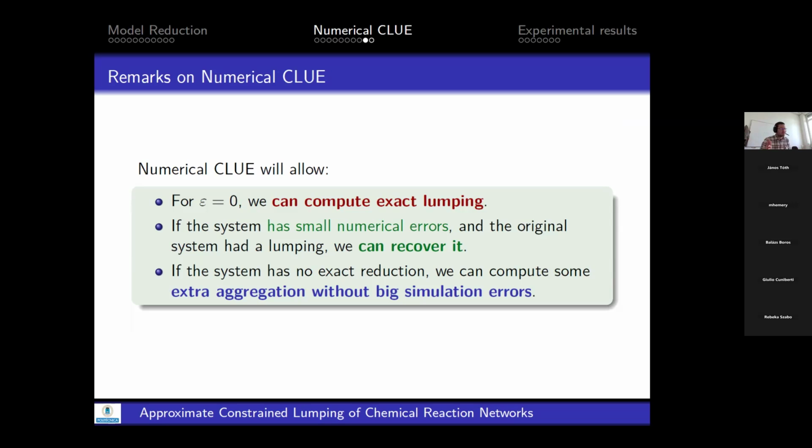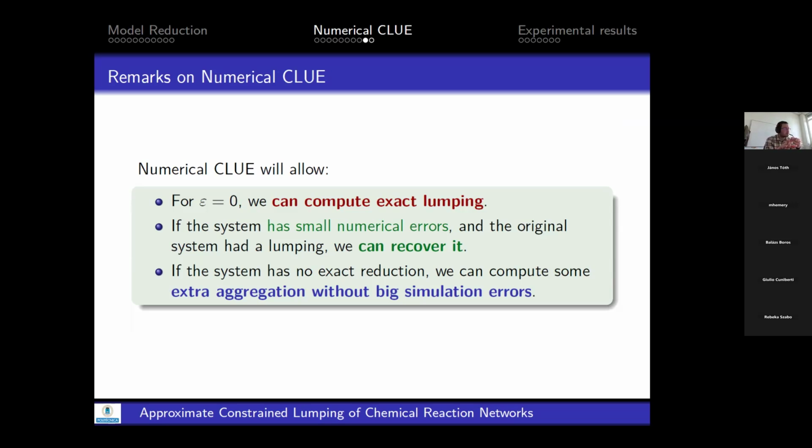And then if the system has no exact reduction, that could happen too. Or even if it has an exact reduction, you can reduce it further by increasing the epsilon. As I was saying before, if you keep increasing the distance that you allow in the numerical CLUE, then you will discard more vectors of the space, and at some point you will end up with a smaller space than you should. This, as I will show later, will lead to some simulation error.